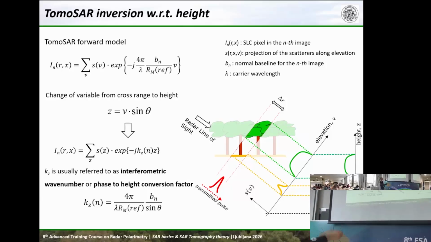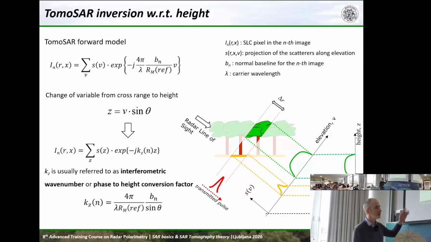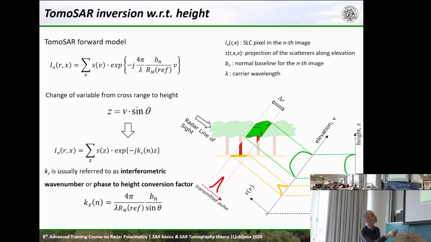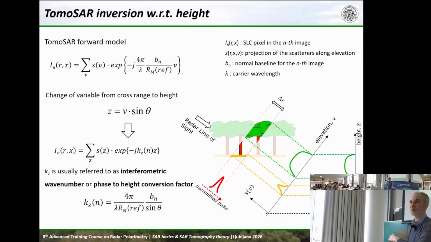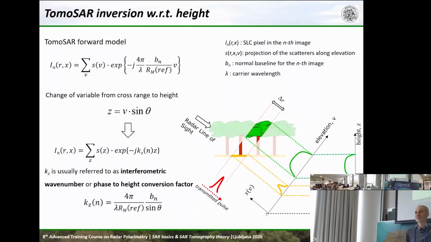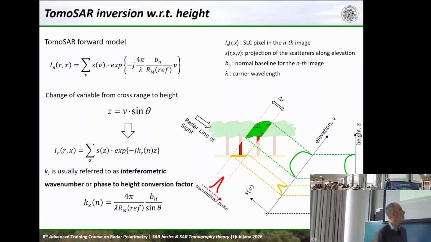If you do this, then you can substitute this equation so that the height is linked to elevation v by the sine of the incidence angle. And so you can express your data in this way. This is important for me to say because all the other teachers will use this formalism. So you need to know it.